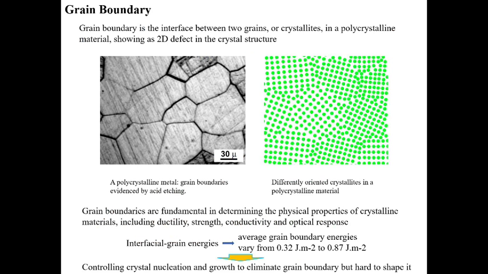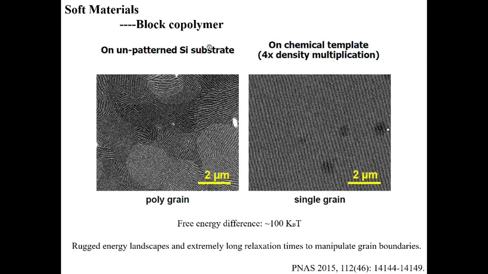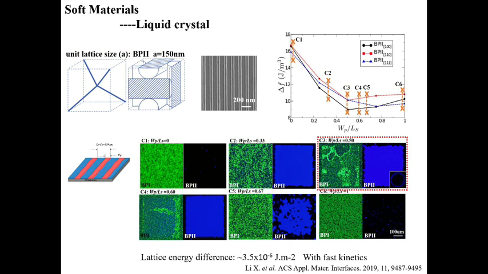So here we consider the grain boundary. Grain boundary, as I mentioned, gives you the example of polycrystalline metal material: whenever two different domains come to each other with different orientation, a grain boundary is generated. It is the same as in polymer material, when differently oriented polymer domains come to each other, you will have polymer grain boundaries.